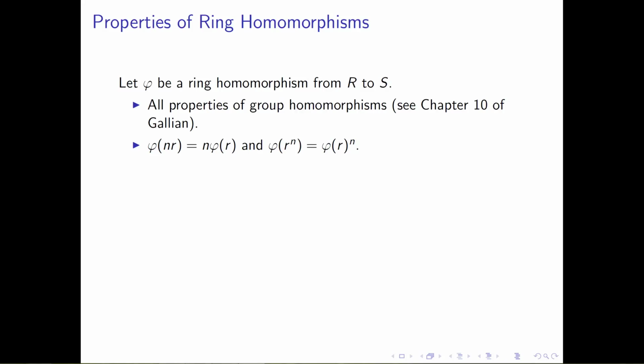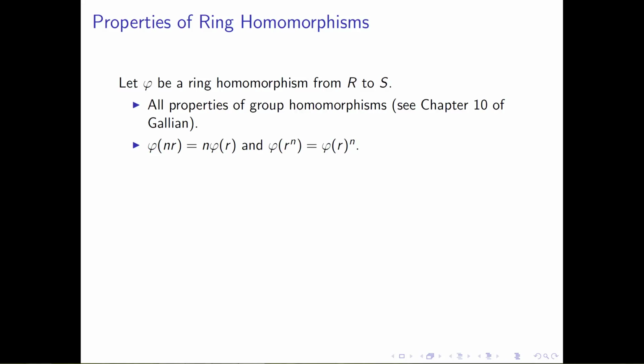Now, the second property that's satisfied is that multiplication and exponentiation are generally respected by the map phi. That's what I mean when I take a look at these statements: phi of n times r is equal to n times phi of r, and phi of r to the n is phi of r raised to the nth power.